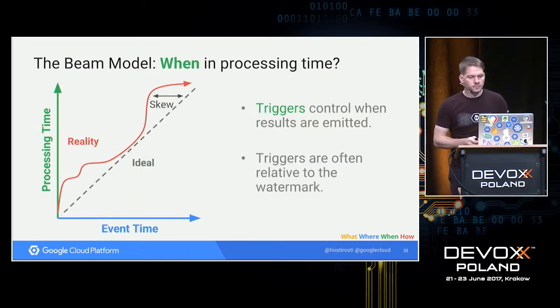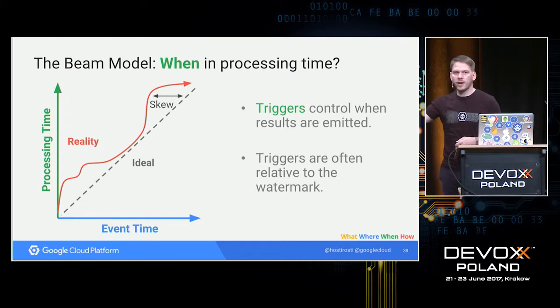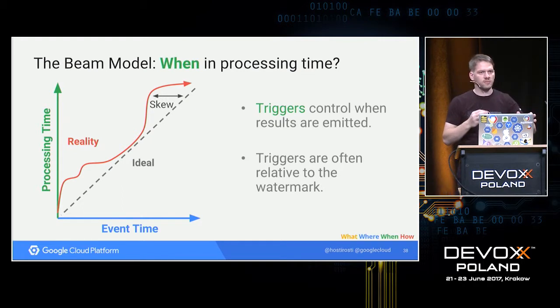And that's where the when question comes in. So when in processing time am I actually emitting results? And here I need to go back to this differentiation between event and processing time. If you look at a real-world system, it's very rarely the case that data comes into your system to be processed right away when it's happening.